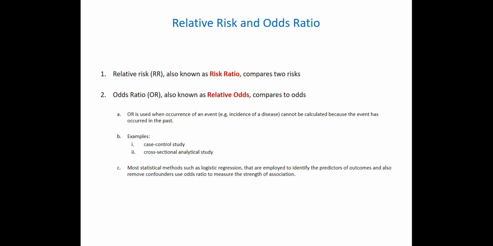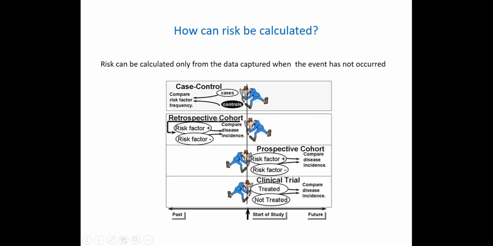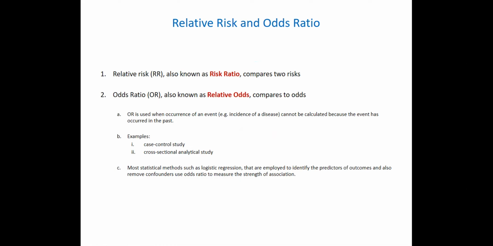Most of the time, most statistical methods such as logistic regression that are employed to identify the predictors of an outcome and also remove confounders use odds ratio to measure the strength of association. So, relative risk and odds ratio.